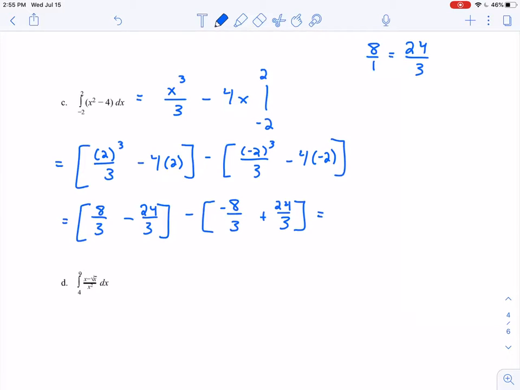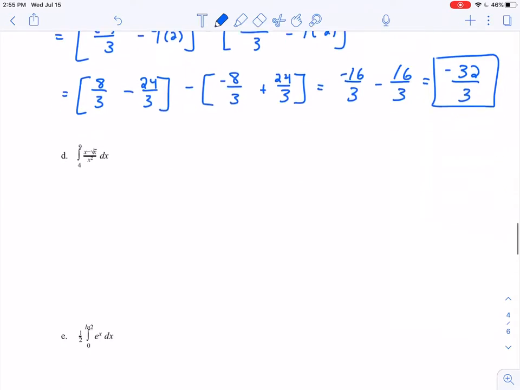So 8 over 3 minus 24 over 3, I should have -16 over 3. Minus over here, I should have a +16 over 3, which would give me a -32 over 3. So that is the value of my definite integral.